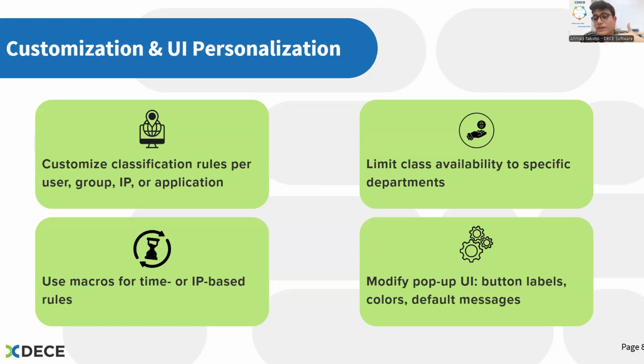Or we can do classification regarding specific departments based on your LDAPS. So new rules will be defined directly on the server system, and they will affect the people that you want to be affected by the rules that you have newly defined.